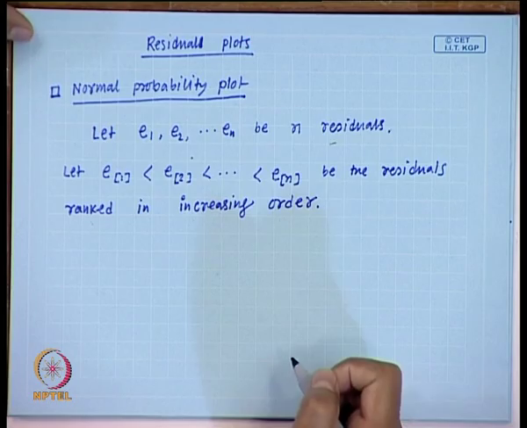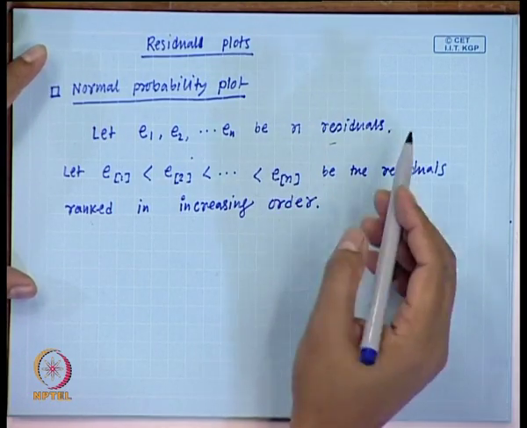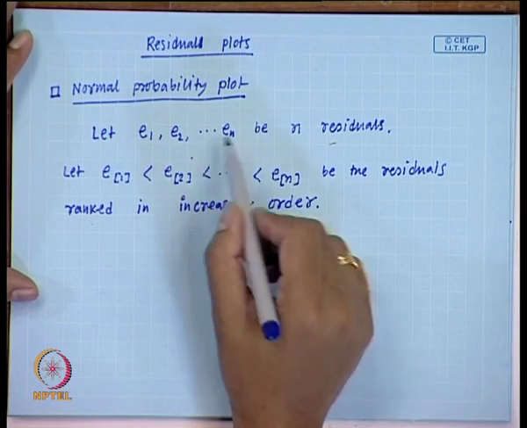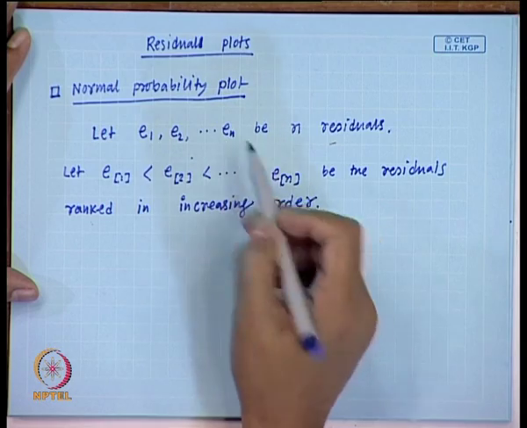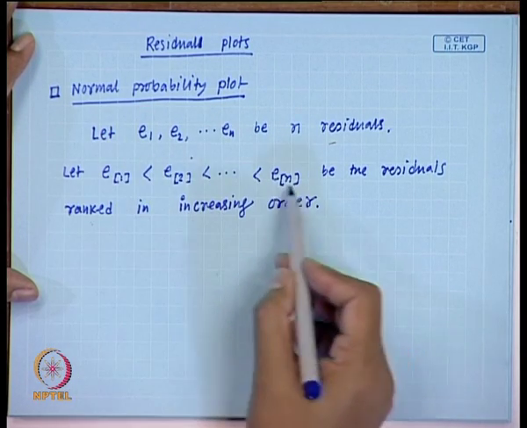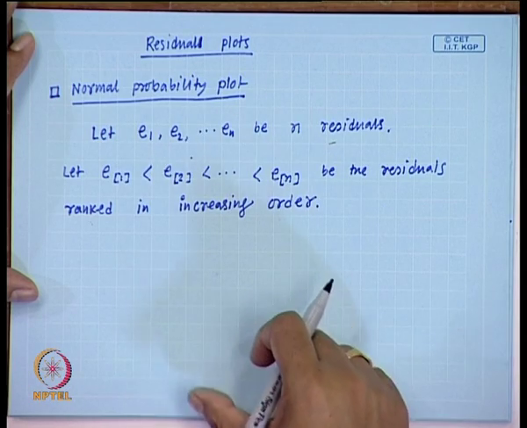Okay. So, given a set of data, you can fit the model, whether it is simple linear regression or multiple linear regression, and then you can get the residual values. You just rank them, I mean you arrange them in increasing order.